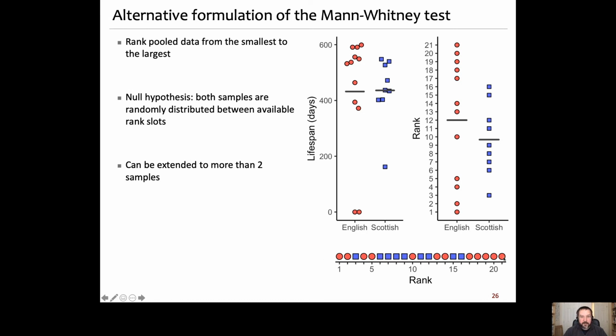The red and blue points are taken from this figure. They are distributed roughly randomly between all the slots. You can imagine a situation where all the blue points are on the left and all the red points are on the right. That would break the null hypothesis. If they are equally distributed, then the result is consistent with the null hypothesis.